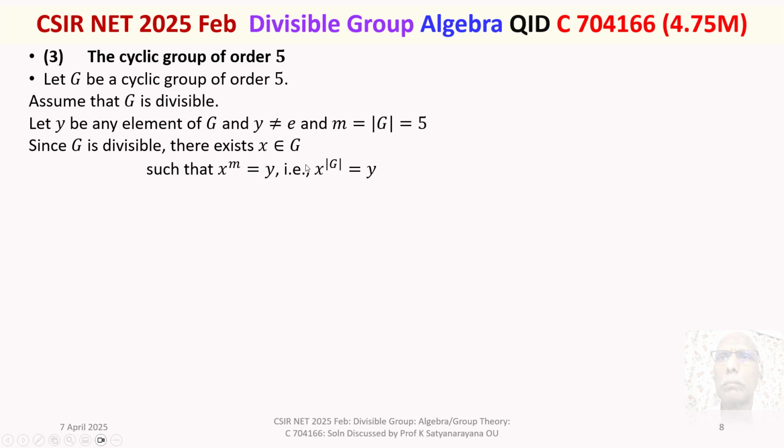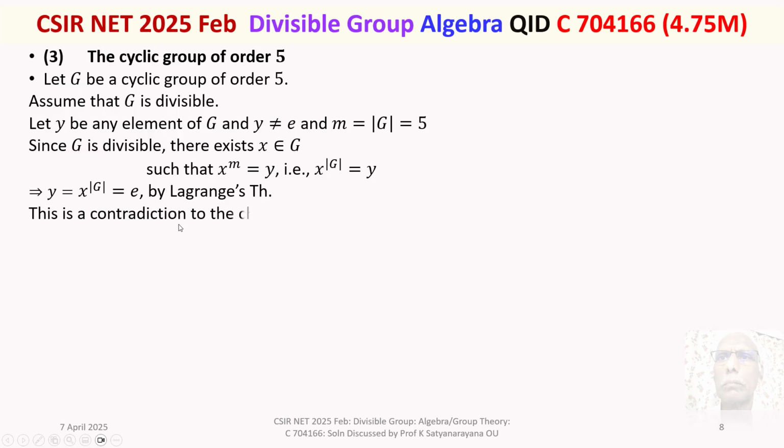Now, where are we? We are in the group G and x is an element of G. So, x to the power order of G is the identity, by a consequence of Lagrange's theorem. So y is equal to x to the power order of G, which is the identity.